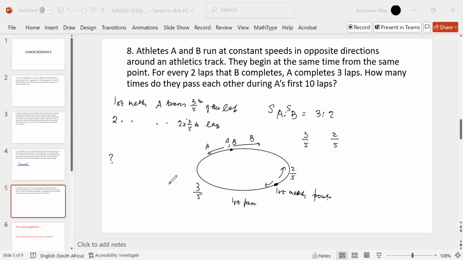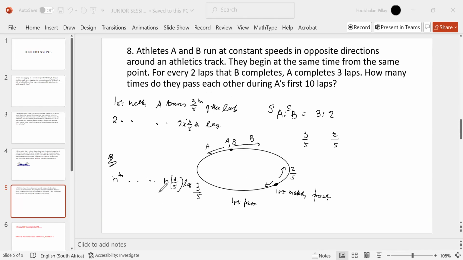Suppose they pass each other on the nth meeting. At the nth meeting, it'll be n times 3/5 of a lap. First meeting, 3/5 of a lap. Second one they meet at 2 times 3/5 of a lap, and third meeting and so on.